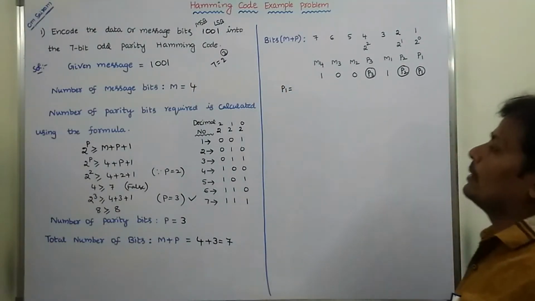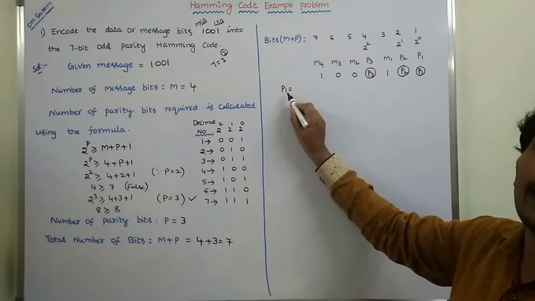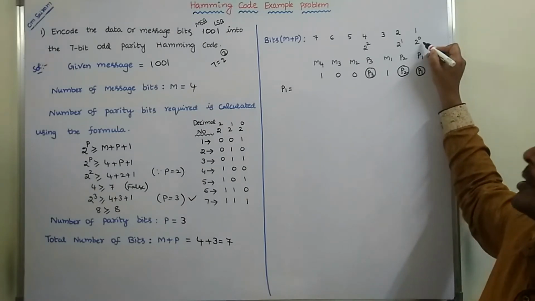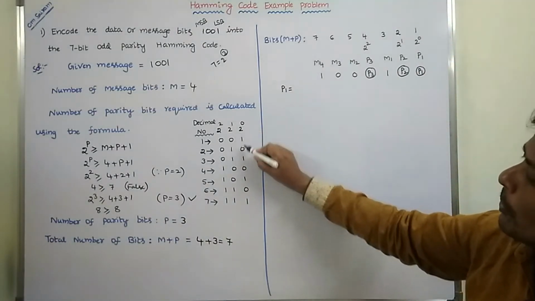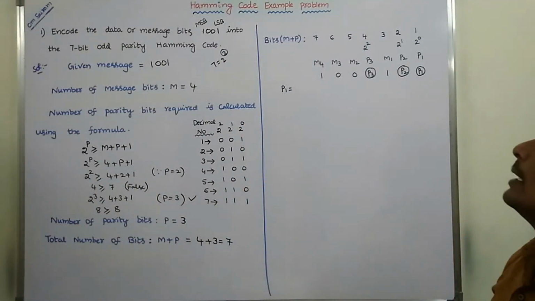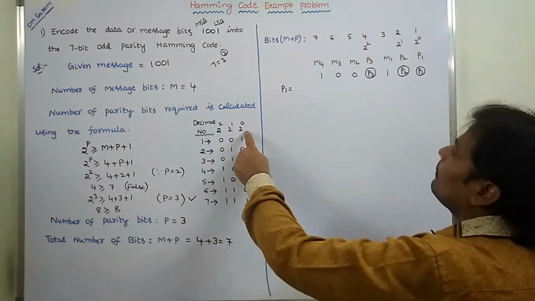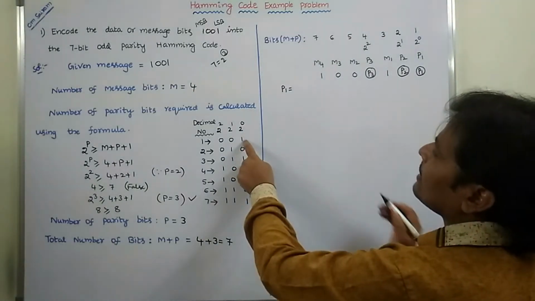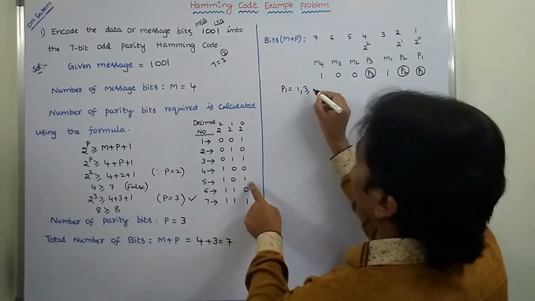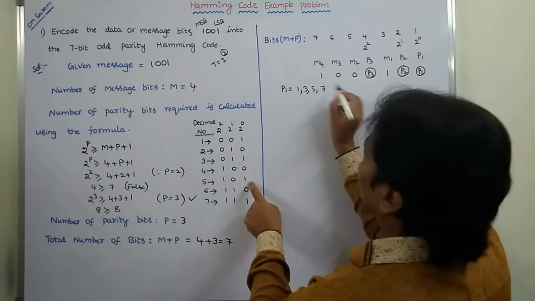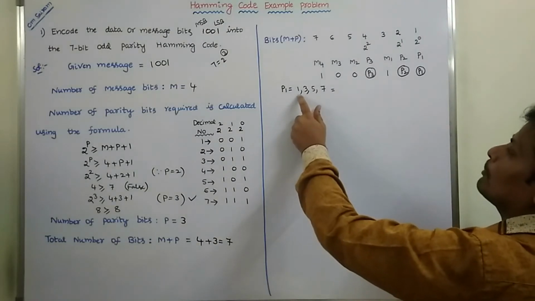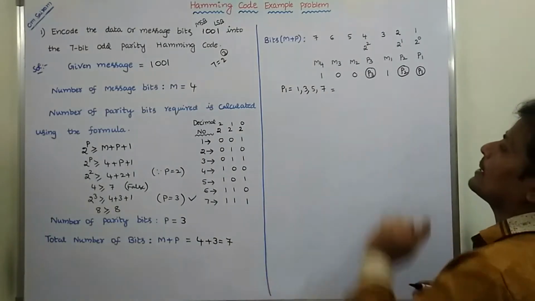Next one. To calculate the parity bit P1, P1 is there at the 2 power 0 position. Here this is the 2 power 0 column, the 2 power 1 column and the 2 power 2 column. In the 2 power 0 column, 1 is there at the 1st position, 3rd position, 5th position and 7th position.